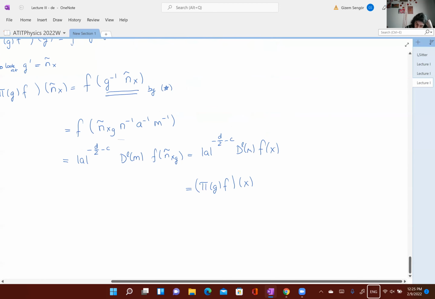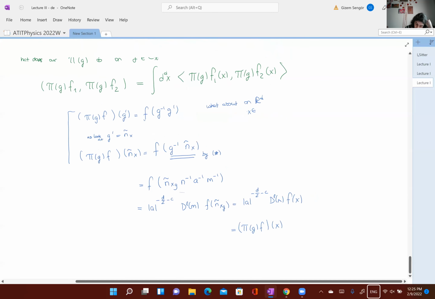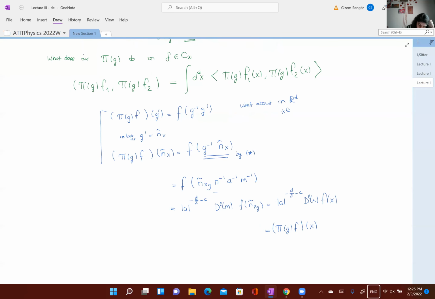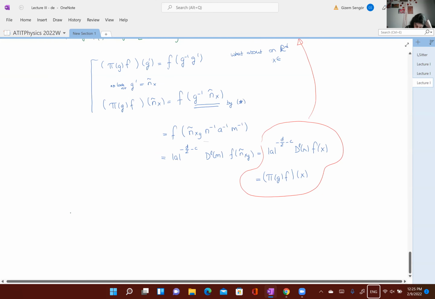So now we can make use of this expression here. If you go back to what our representation does on the inner product of functions, we get this.